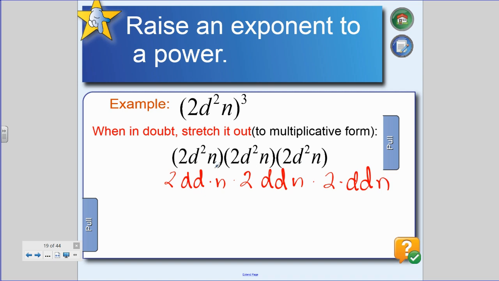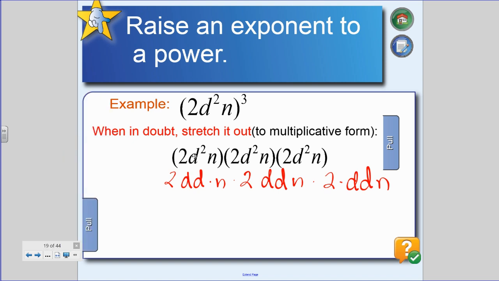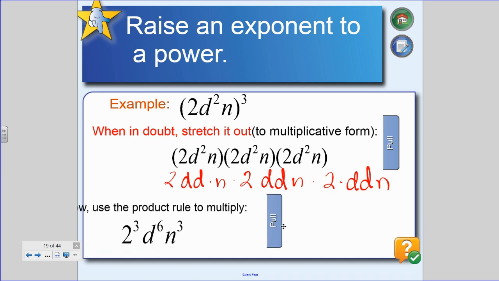Those parentheses don't matter because of the associative property. But I think you get the point, because of what you know from the last lessons, once you get to this point, you just multiply like you normally would. 2 times 2 times 2 is 8, or 2 to the third. d squared times d squared times d squared: how many d's do I have when I stretch it all out? That's 6 of them, and there are 3 n's.